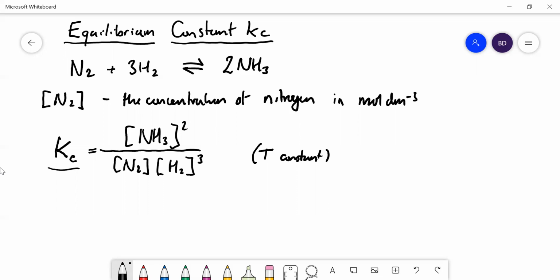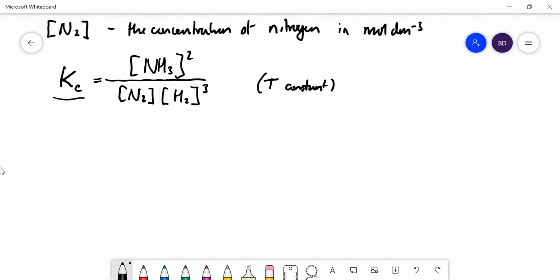So just another quick one of how you write the equilibrium constant for, say, phosphorus pentachloride decomposes to phosphorus trichloride and chlorine gas.